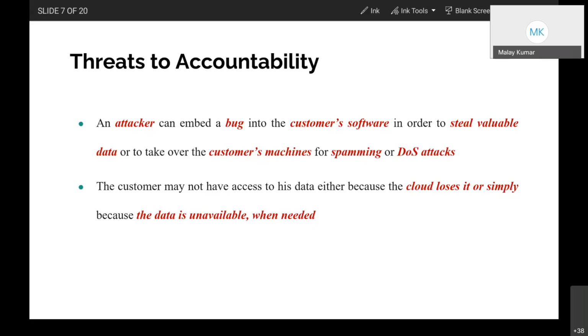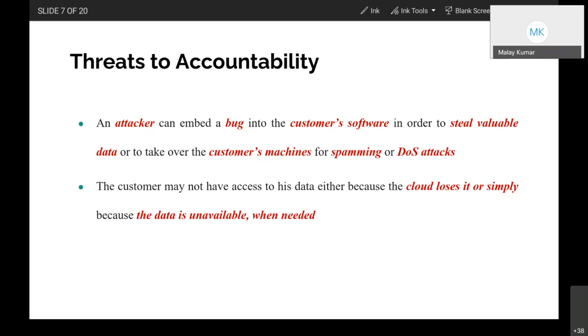The next point is, the customer may not have access to his data either because the cloud loses it, or simply the data is unavailable when it is needed. Such things also happen, as we saw in availability.